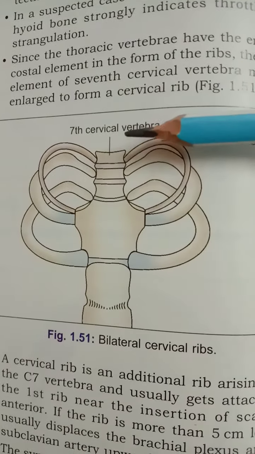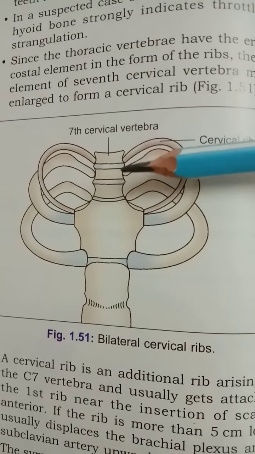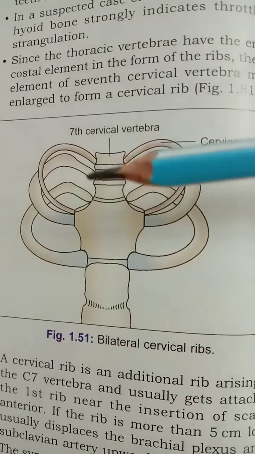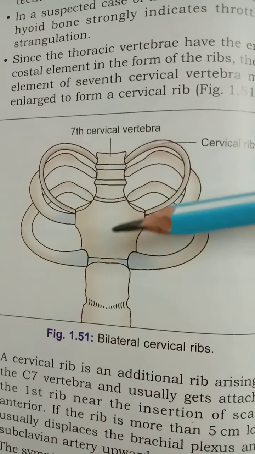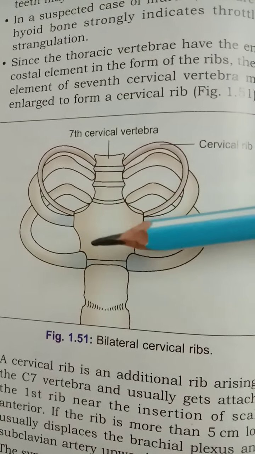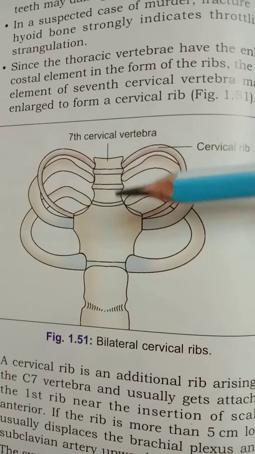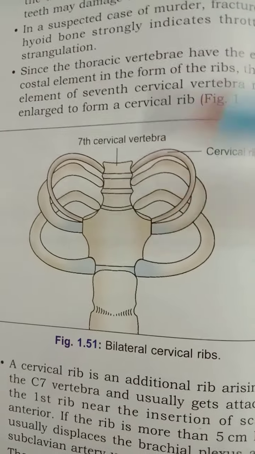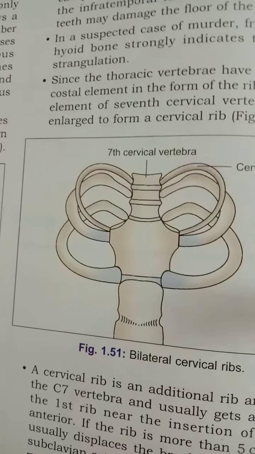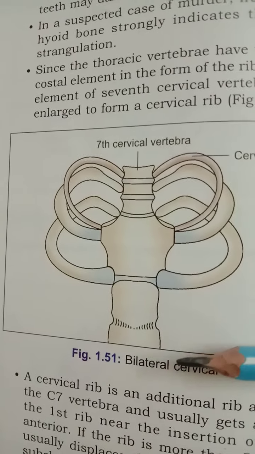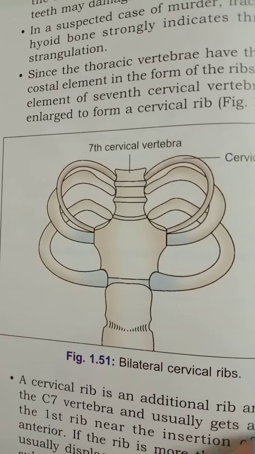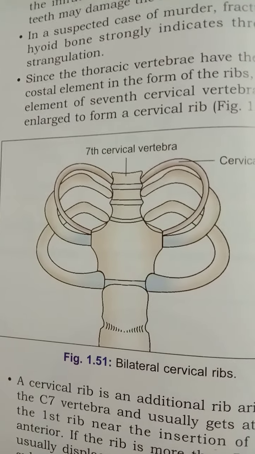The symptoms in this condition are tingling pain along the inner border of the forearm and the hand, including weakness, and even paralysis of the muscles of the palm can occur. So that is called the cervical rib, a congenital abnormality in the patient.